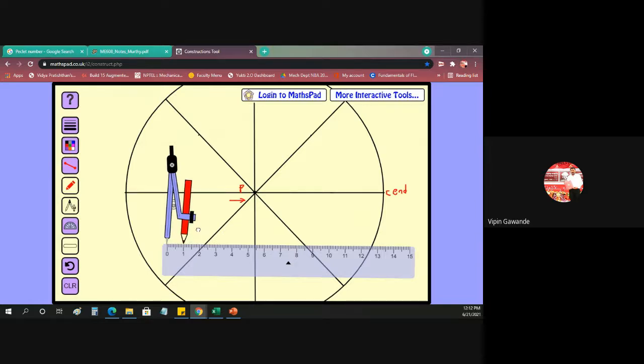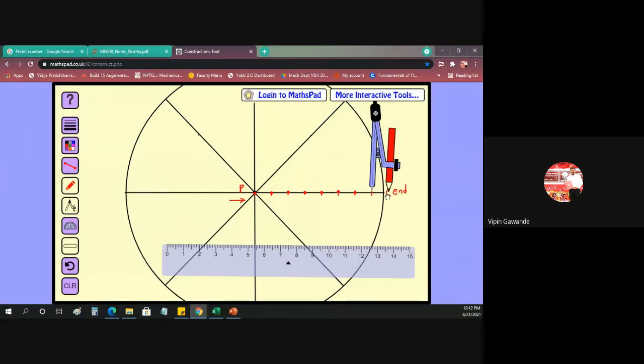So this is 1 centimeter distance in compass, because this is an 80 mm line, 8 centimeter line. So I will divide this into 8 divisions, because I have divided the circles into 8 parts. So this is the first division, then the second division, third division, fourth division here, then fifth division, sixth division, seventh division, and last division.